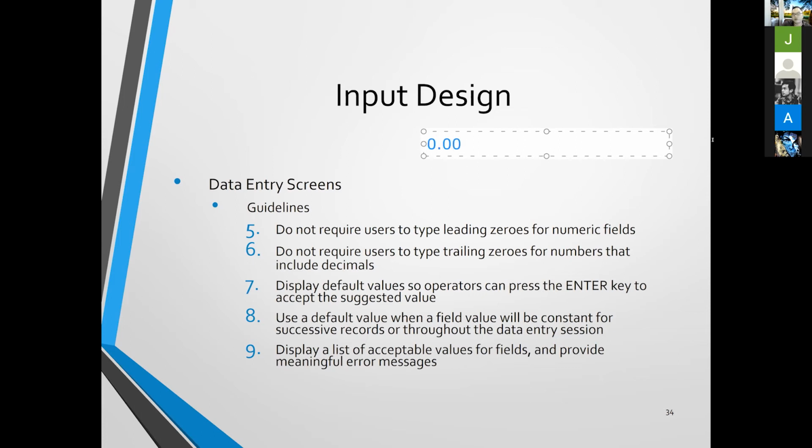After that, number 7: display default values so users can press the enter key to accept the suggested value. That means you may have some default values for them first. For example, if it is currency, I suggest you just put withdraw 0.00 first.